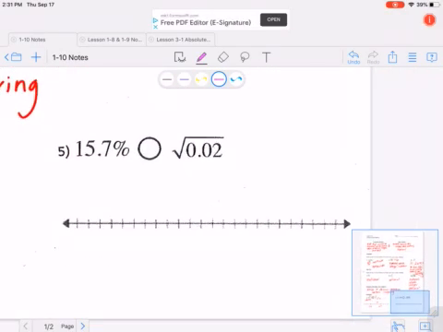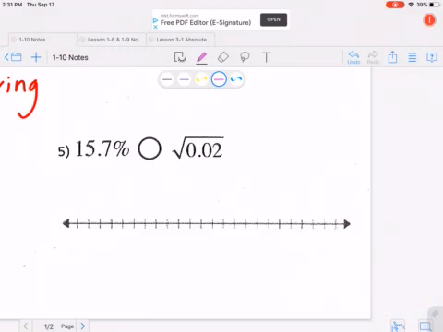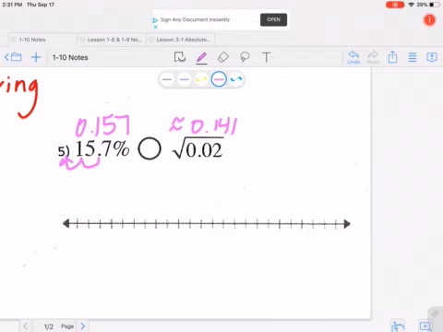Alright, number 5, we have 15.7%. Remember to change this into a decimal, move it twice to the left. So I have 0.157. Then I have the square root of 0.02, and that would be about 0.141. So I would see that 15.7% is greater. So I would have, let's say, 0.14, 0.15, and 0.16.